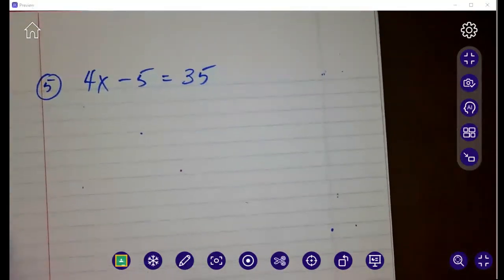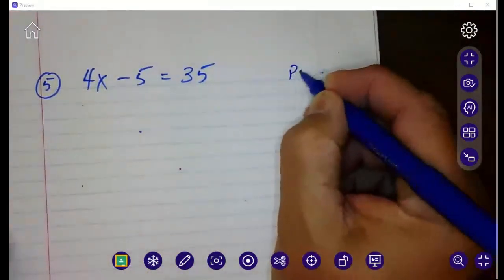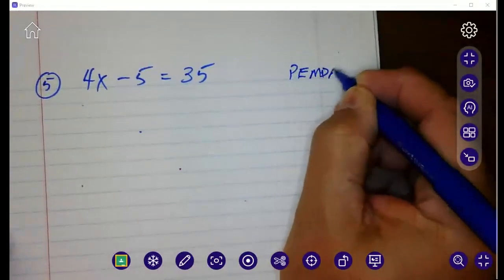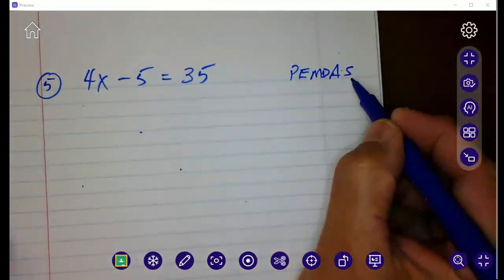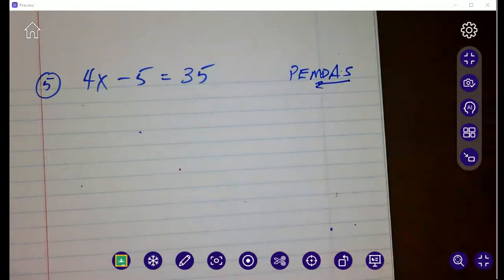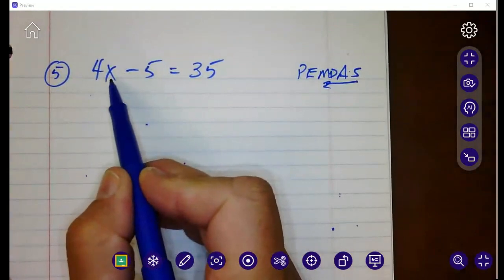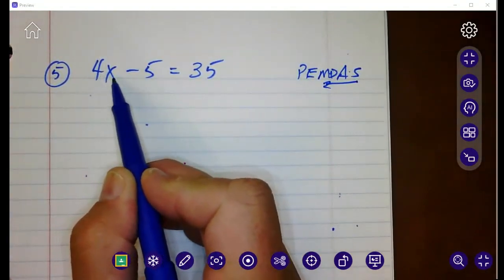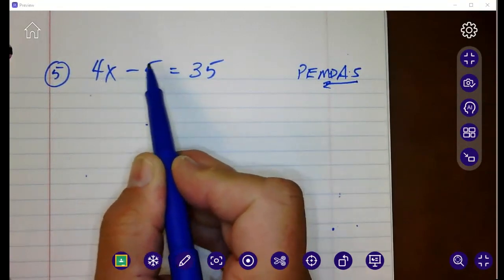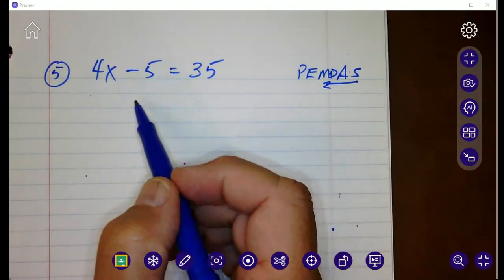But we're going to do the same process. Please Excuse My Dear Aunt Sally. We undo addition or subtraction first. So I look at my variable, x. I have something being multiplied by the x, and I have something where I'm taking 5 away.